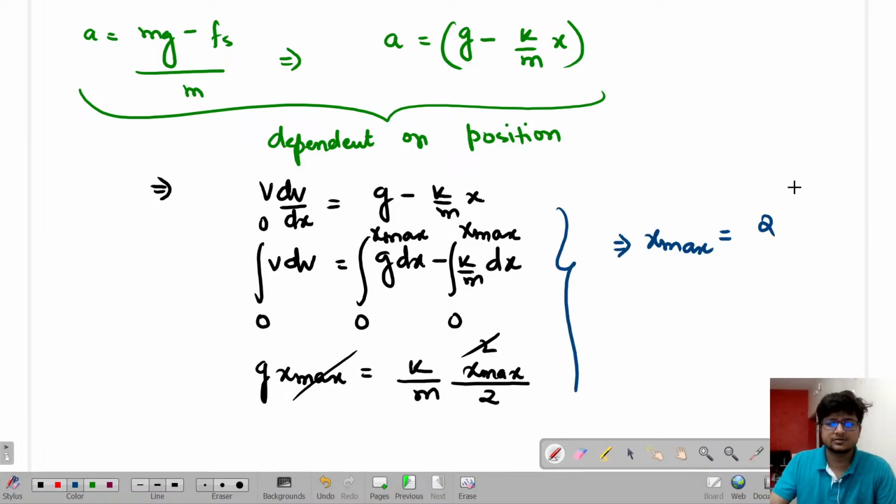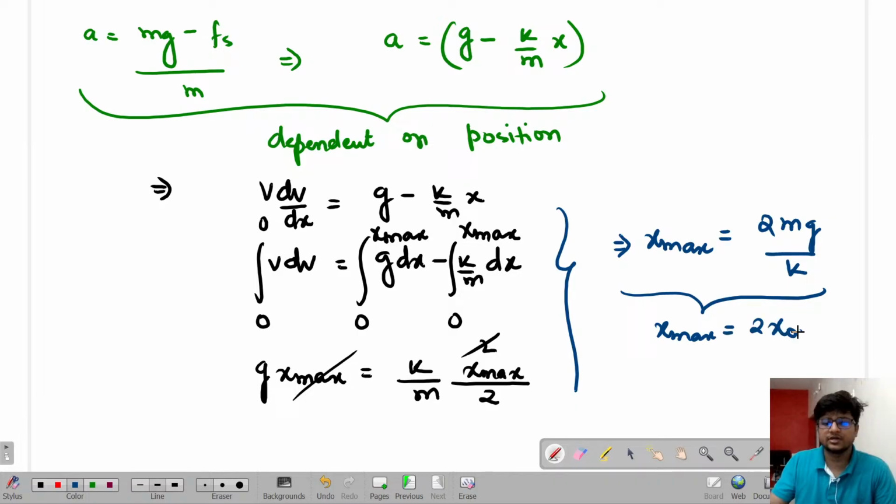This implies that the value of x max is twice mg by k. This means that x max is nothing but 2 times my equilibrium expansion. Look over here, what did we find?